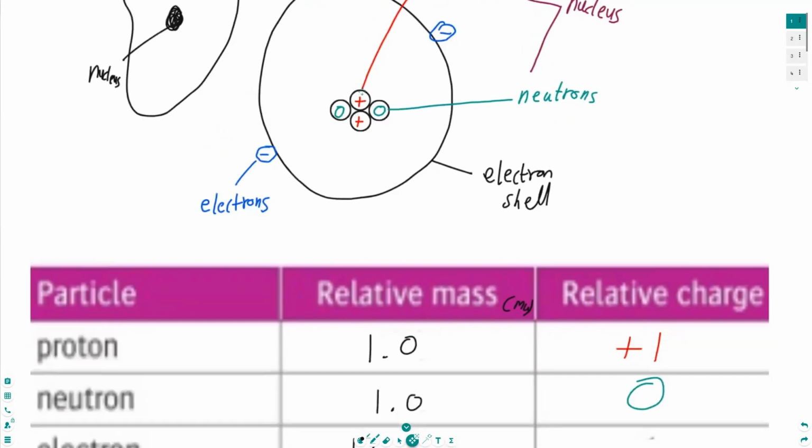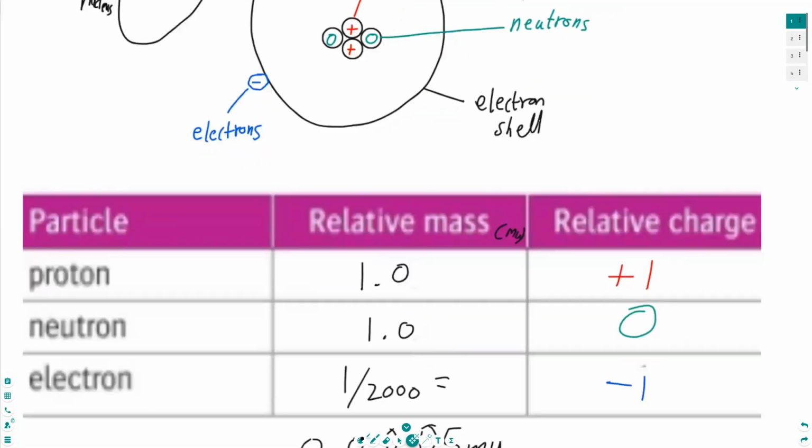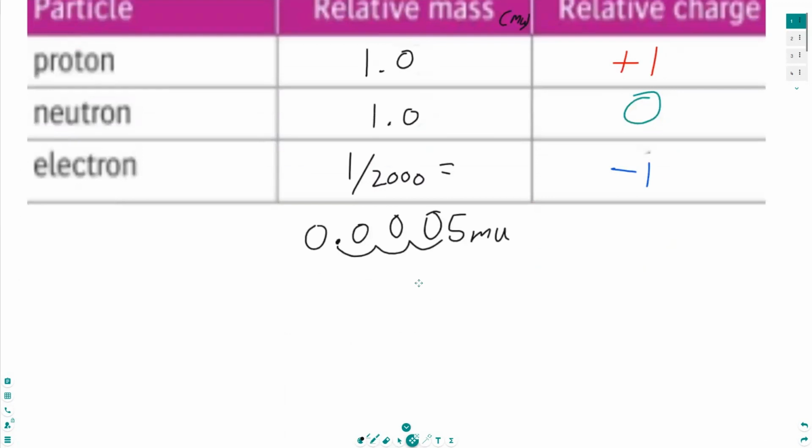So this is 2000 electrons, this is 2000 electrons, and also 1 neutron is equivalent to 2000 electrons in terms of relative mass. So this is another 2000 electrons, and another 2000 electrons. So in total, the nucleus will weigh the same as about 8000 electrons. It's a little bit of extra, interesting info.